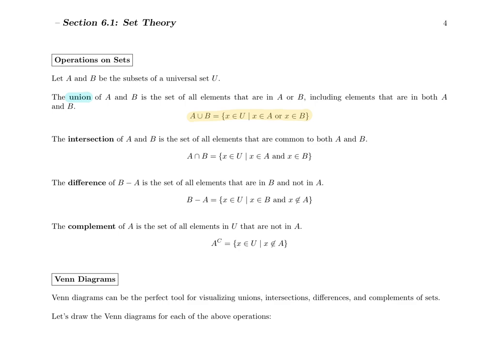So in an exclusive OR, the only elements would be the ones that are strictly only in A or only in B. Versus this is a mathematical OR where we will also allow elements that are in both A and B.